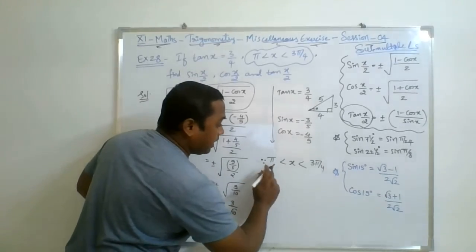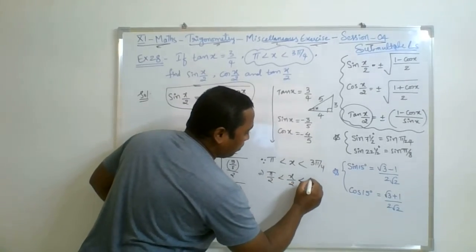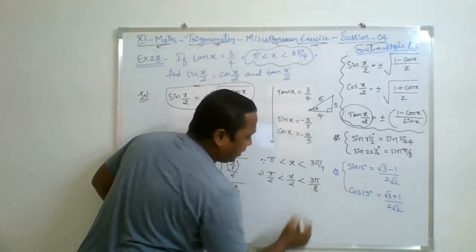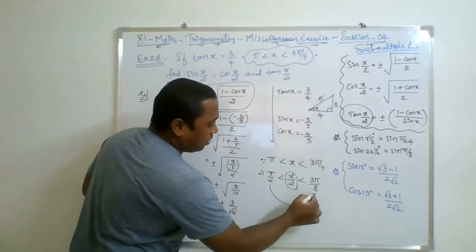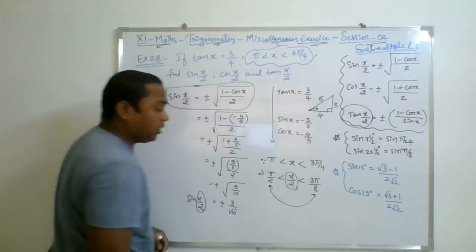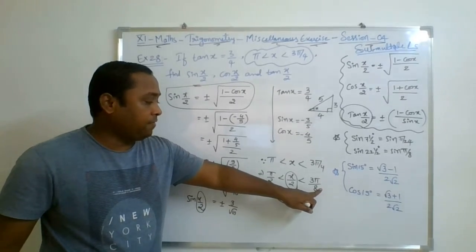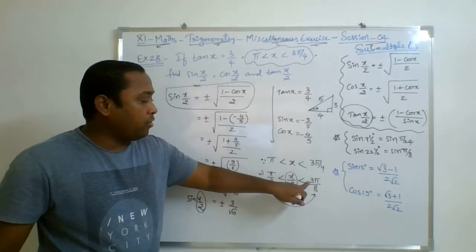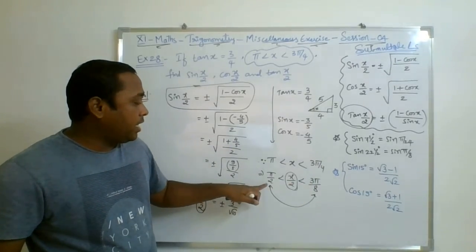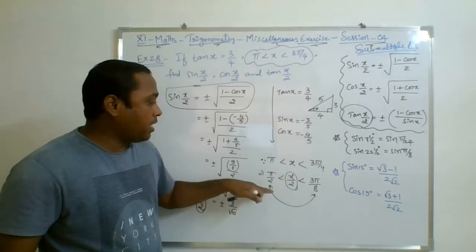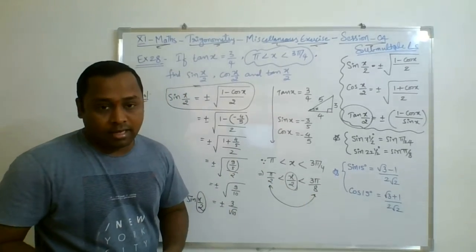So if I divide this entire inequality by 2, it becomes pi by 2 less than x by 2 less than, dividing 3 pi by 2 by 2, 3 pi by 4. So now this x by 2 angle lies between 90 degrees and something more. Here pi by 4 means 45 degrees, so 3 pi by 4 is 135 degrees. So this angle lies between pi by 2 and 3 pi by 4.